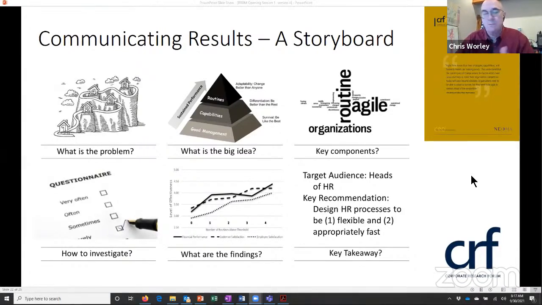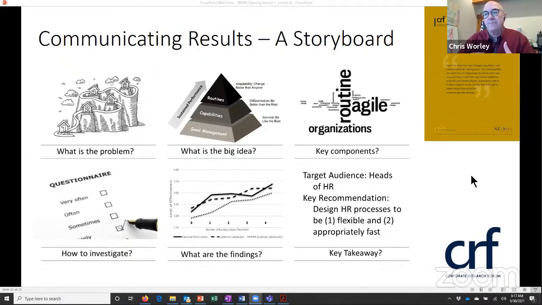The big idea was agility, and the agility pyramid came out of the book, The Agility Factor, and it helped people see that you don't just become agile, you have to have a foundation of good management. This became the jumping off point for the Sloan Management Review article. You have to be sure that you have systems and processes in place that are fit for purpose.